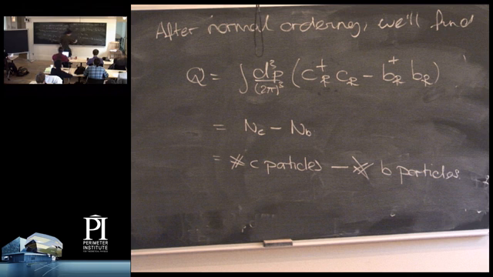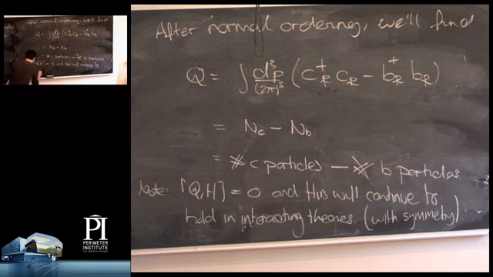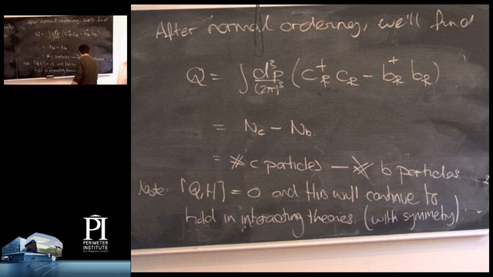So Q commutes with the Hamiltonian, which is telling us it's a conserved quantity. And this will continue to hold in interacting theories, as long as they have this symmetry.